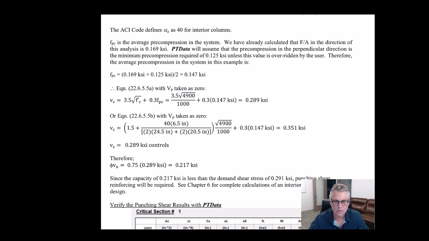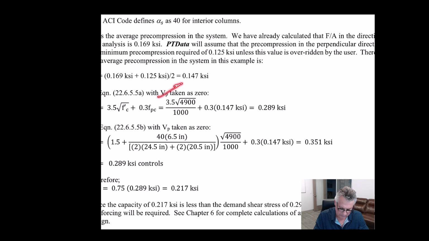So you can override that and put in what you have, or you can just let the program assume a minimum in the perpendicular direction. So the average pre-stressing compression on this critical shear joint happening on 4 sides is 147 PSI. So we take that VP as 0.